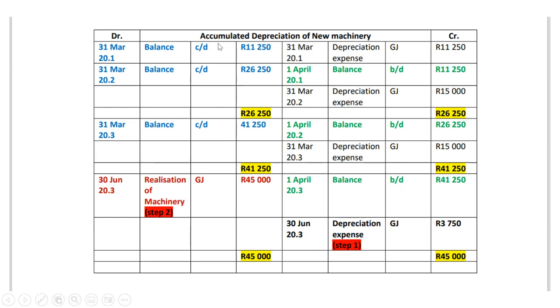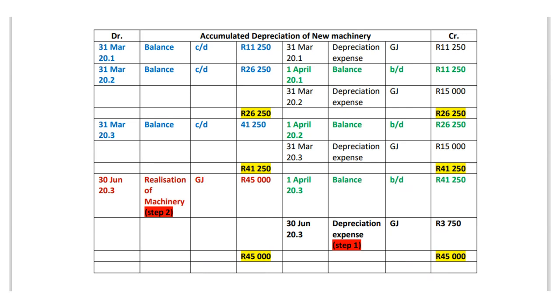So we're saying debit the depreciation expense, and then what do you credit? Your accumulated depreciation of the machinery by how much? 3,750. So when you add the opening balance brought down of 41,250 plus 3,750, you get 45,000. And we know that these sides must be equal: 45,000 on that side, and on the debit it will also be 45,000.